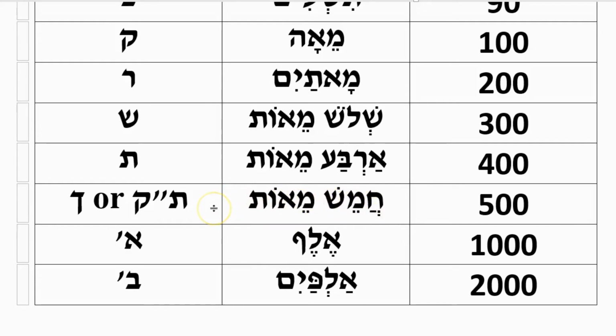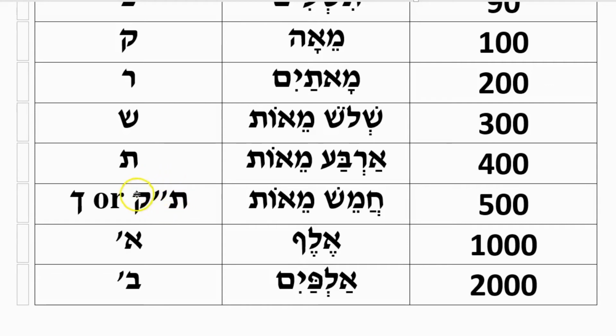And there are differences in how we write this. The more traditional way, which you might see as page numbers in religious books, is to put letters together. Tav is 400 plus Kuf is 100. Kuf, Tav, 400 plus 100 equals 500.